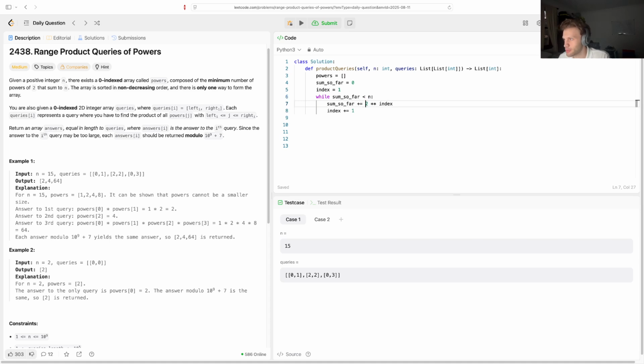Actually, we'll be smart about this and put this into a helper. Okay, so I think that should generate the powers. We'll find out if this is going to time out or not.